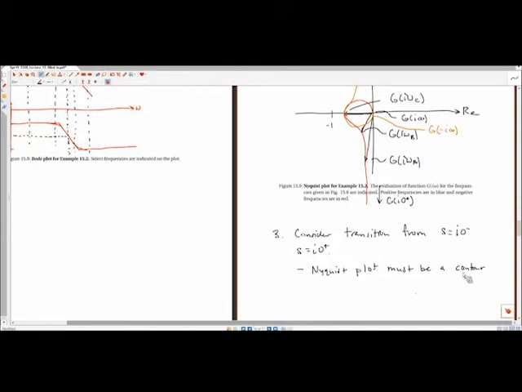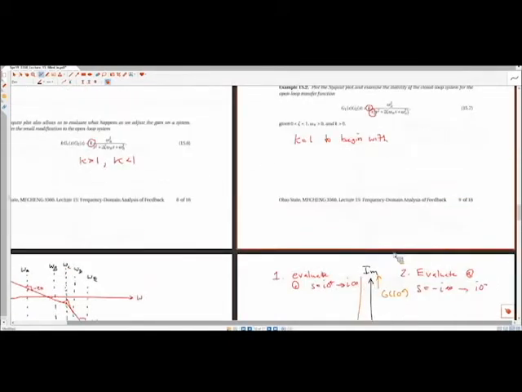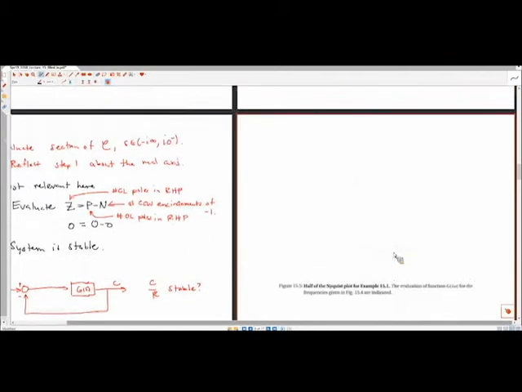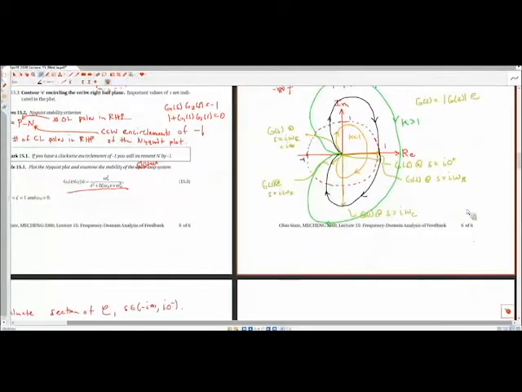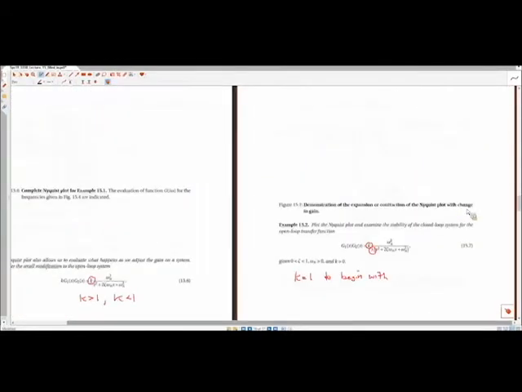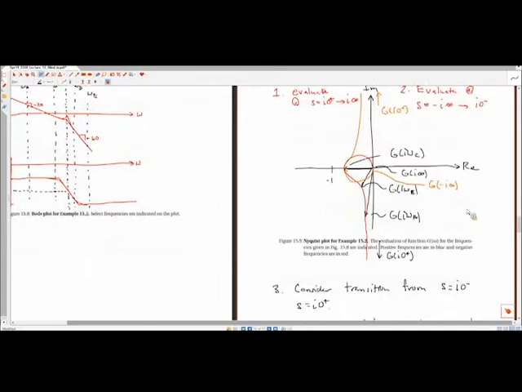All right, so if we look at the previous example, Nyquist plot, this formed a contour without having to evaluate step three. If we look at this case, it doesn't quite make a contour, right? So this is increasing frequency. I think this is important to note. If we look at G(i0 to the left), it doesn't match up with G(i0 to the right), right?